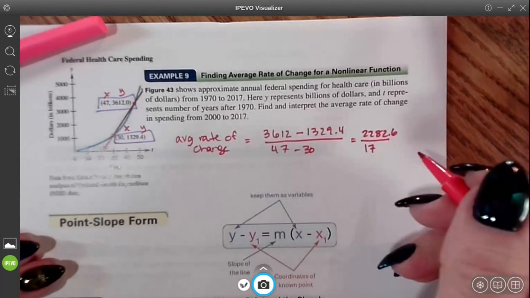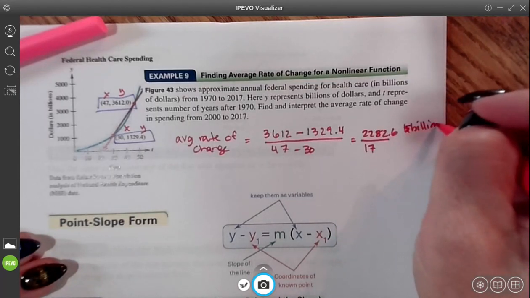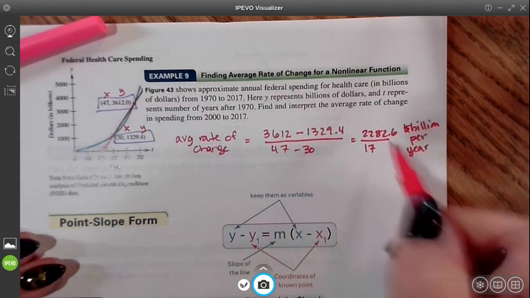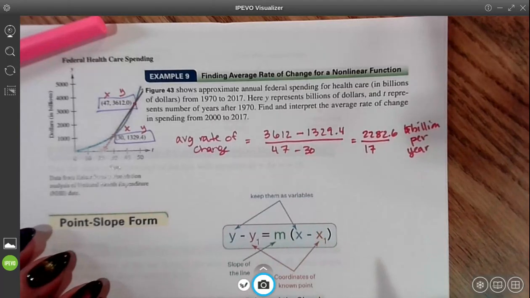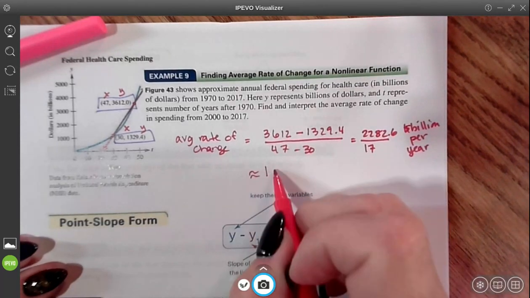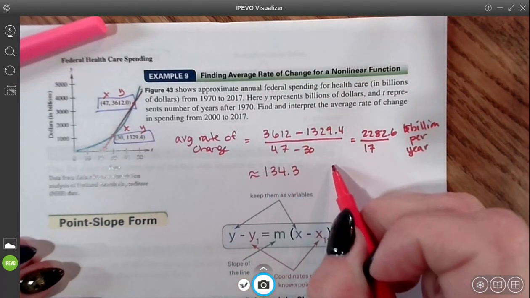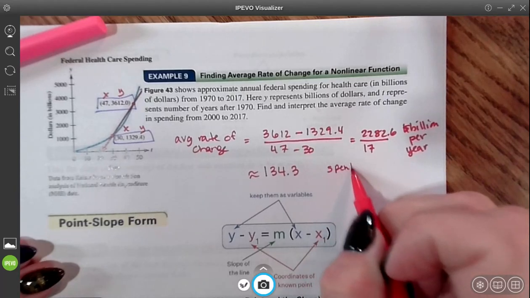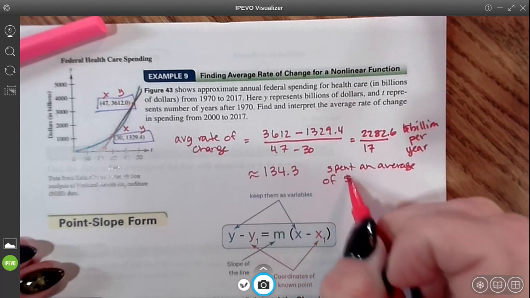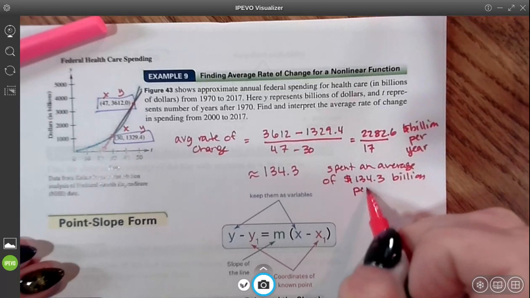My units are billions of dollars per year. So when I divide that and round it, we're just going to round to the nearest tenth. So that is going to be about 134.3. So I would interpret that and say that they spent an average of $134.3 billion per year.